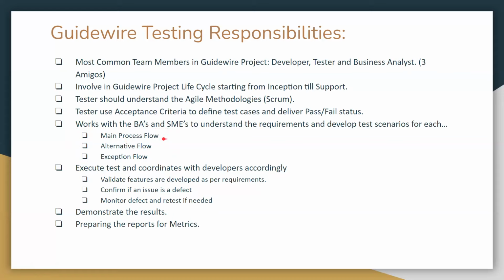If you do not, your lead, BA, or SMEs will inform you whether you have covered a test case or not. You should write that test case and execute the alternative flow or exception. As a tester, you need to execute it, confirm whether it is a defect or not, and follow up with the developer till the defect is closed.